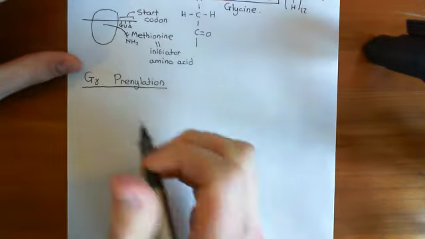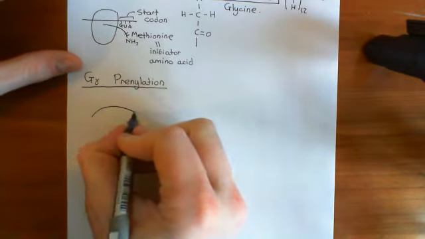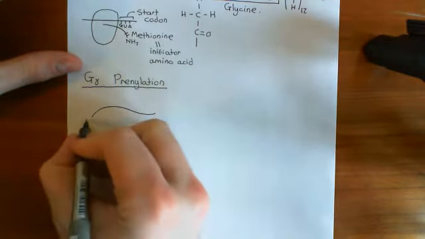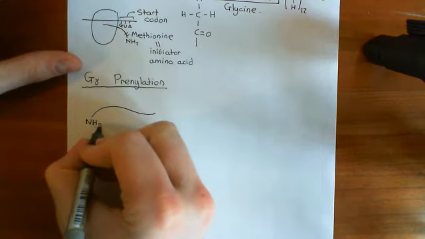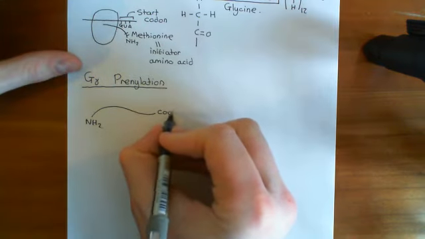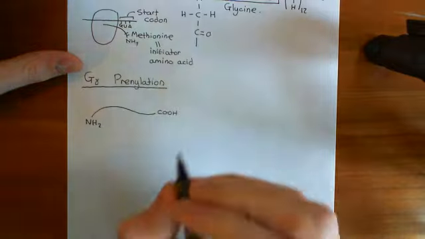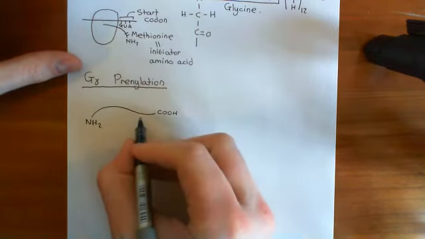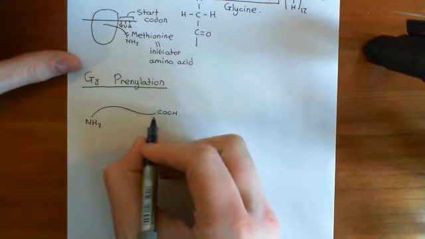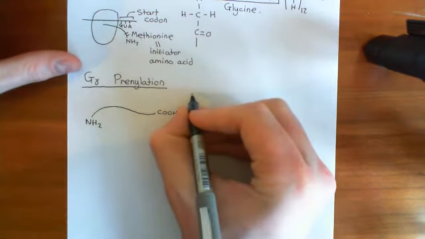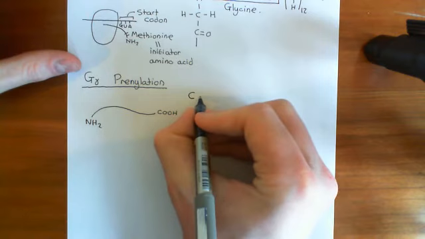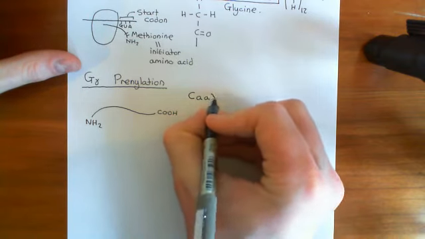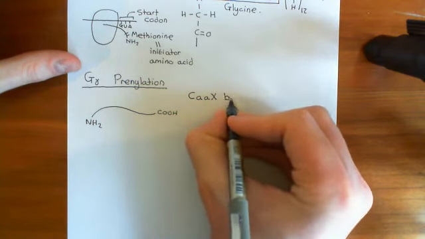Okay, so let's say that this is our G-gamma protein, okay? So here is the amino terminus, and here is the carboxylic acid terminus right over here. To be prenylated, you need to have a certain structure at the carboxylic acid terminus of your protein, okay? And proteins that are capable of being prenylated are called CAAX-box proteins.